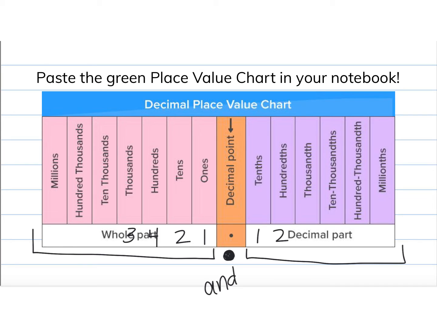When I look at the places of digits, I start at the decimal. If we start here and go to the left, going backwards, then we know the places to the left of the decimal would be ones, tens, hundreds, thousands, ten thousands, hundred thousands, millions. And if we go to the right of the decimal, it starts as tenths, hundredths, thousandths, ten thousandths, hundred thousandths, millionths.